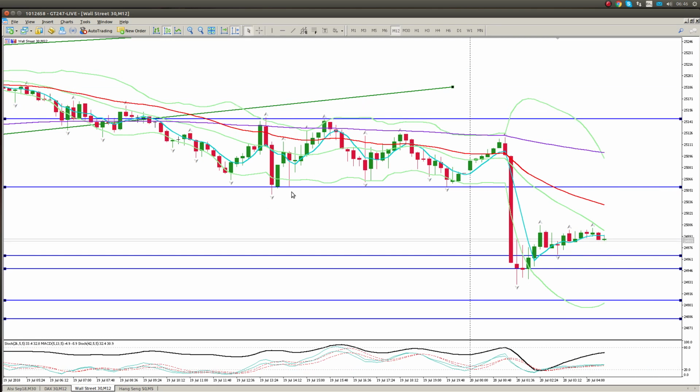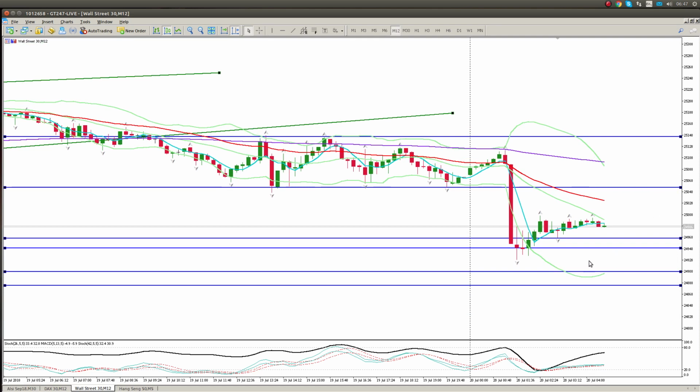So that was a consolidation there, and this is a break to the downside. Although that target's been hit, I do suspect we've got more still to come. Okay, so watch these levels here for a bounce, and I think it would be worthwhile getting in on the bounce here because this thing may just trap a lot of people. So well worth it to get in on there and just see what happens.